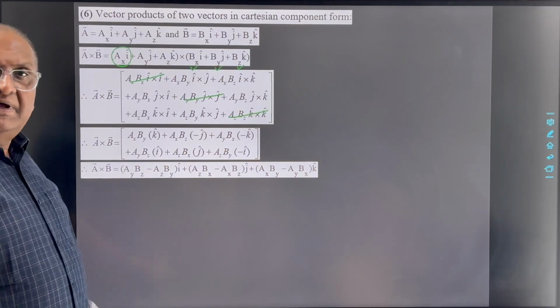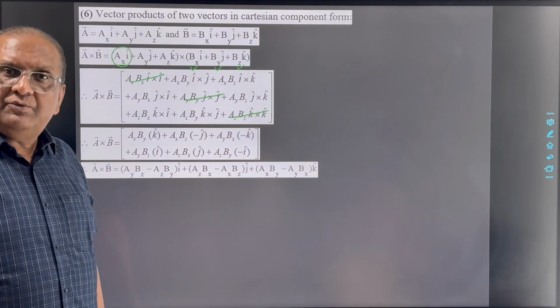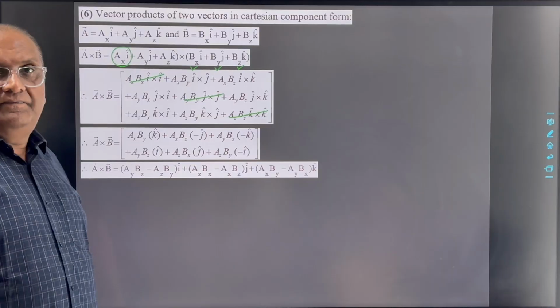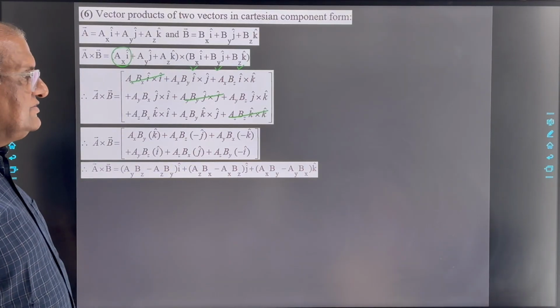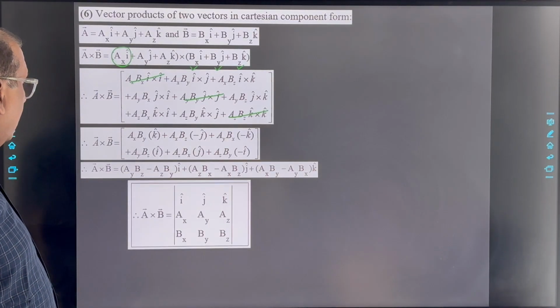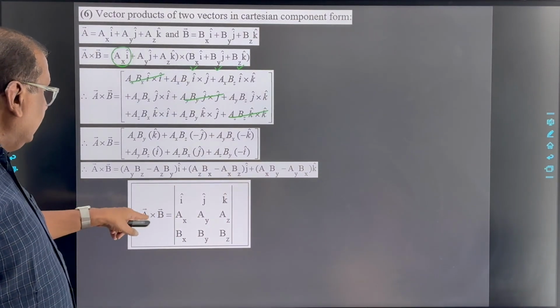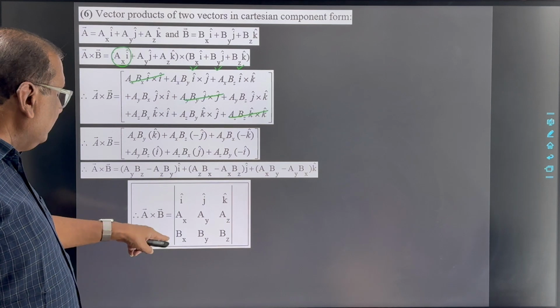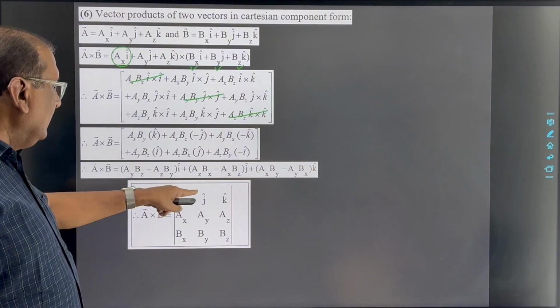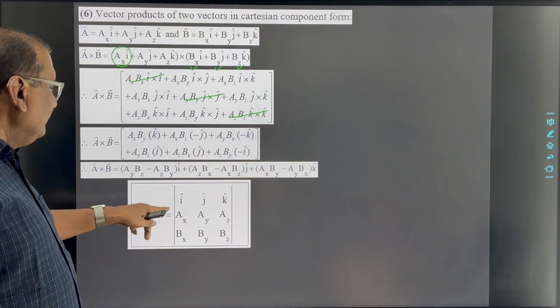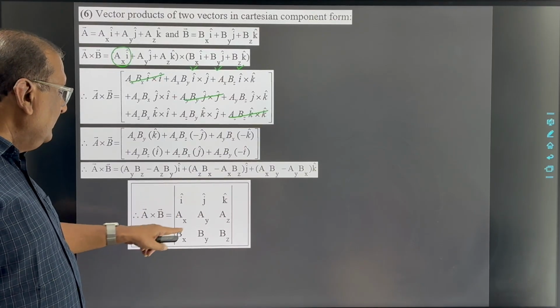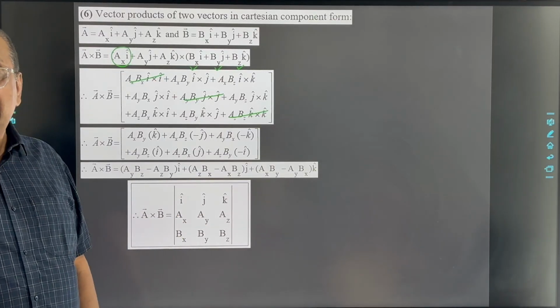You have to remember this equation in this particular manner, or you can represent it in the form of a determinant. So vector A cross vector B is the determinant with rows i caret, j caret, k caret; Ax, Ay, Az; Bx, By, Bz.